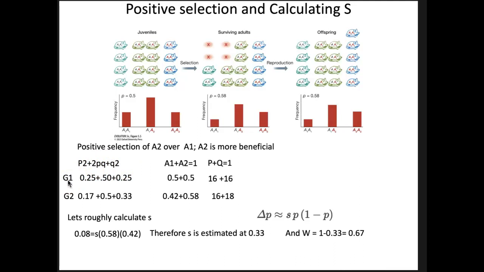G1 represents the first population of juveniles, this population up here on the left. In that original population, we had 0.25 p squared, we had 0.5 heterozygote individuals, and we had 0.25 homozygous recessive individuals. So we had a population that was at equilibrium, and this population had become fixed.